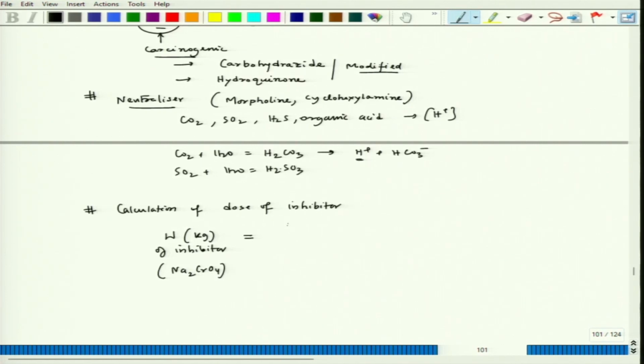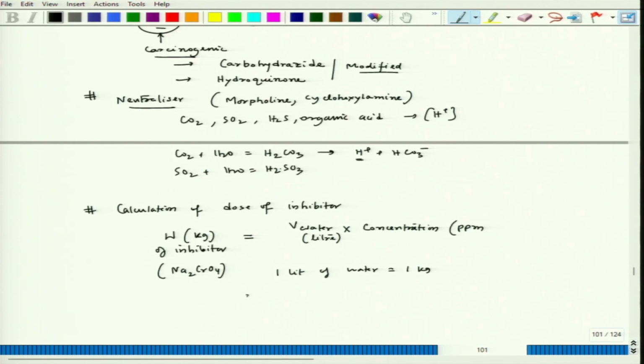That would be written as the volume of the water which is to be inhibited into the concentration in ppm. Now, volume of water, if I write in terms of liter, now we know that 1 liter of water is equivalent to 1 kg of solution or water.